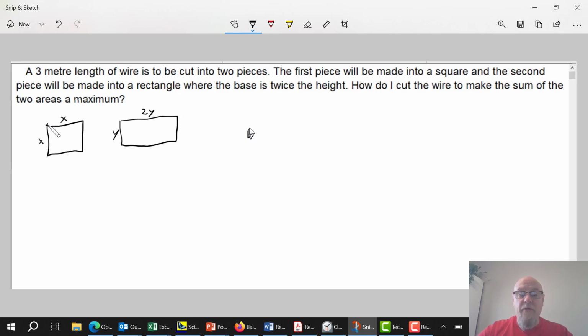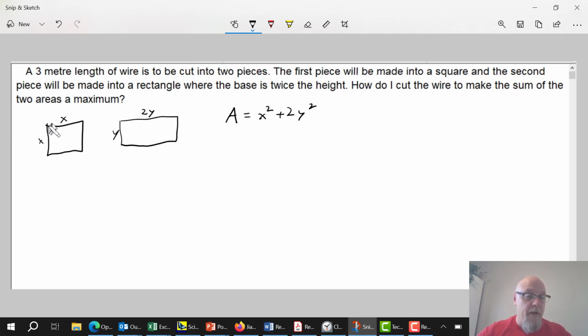So now let's write out the function that I'm trying to maximize or minimize. The area is equal to the area of the square plus the area of the rectangle. Now, what stops me from making a massive square and a massive rectangle? Well, I only have 3 meters of wire.